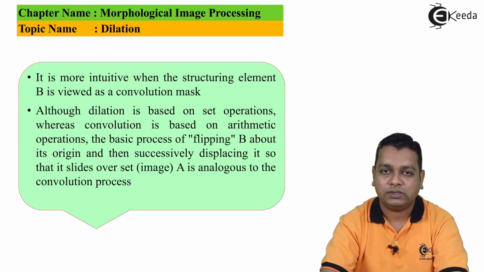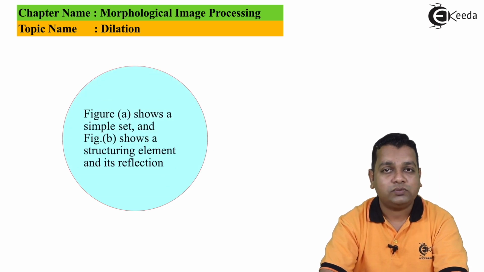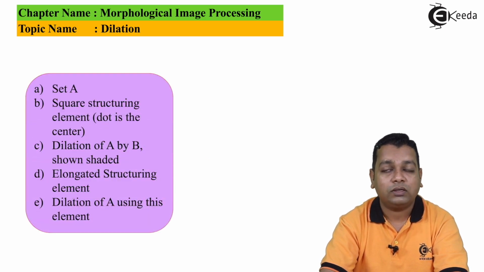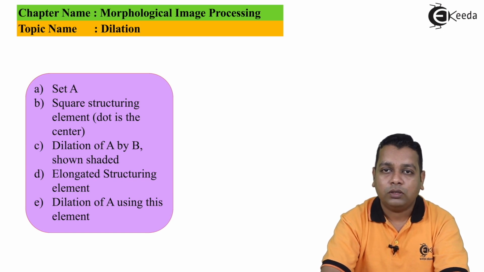This is the reason. Now let us visualize a figure that shows the dilation process. It has first of all the part A, figure A we can say, that shows us a simple set, and the figure B shows a structuring element and its corresponding reflection. So we have together the 6 parts here, but first of all we have the part A representing the set A here, having the dimension small d.